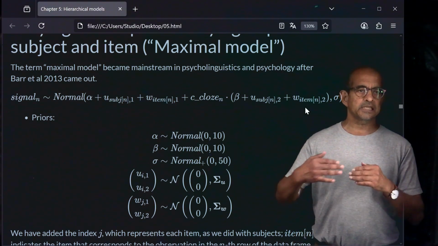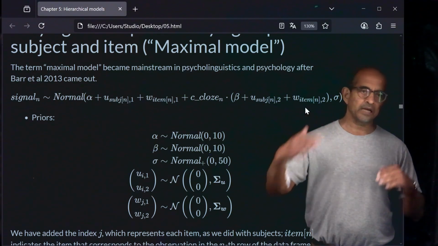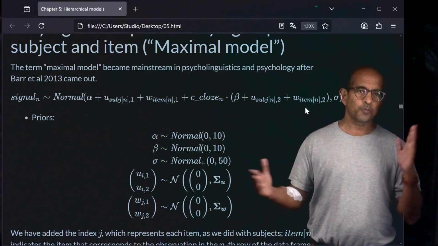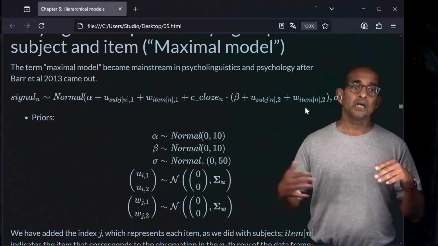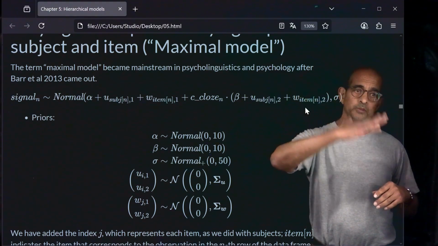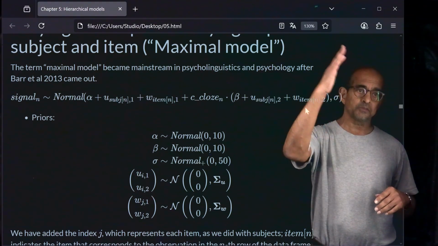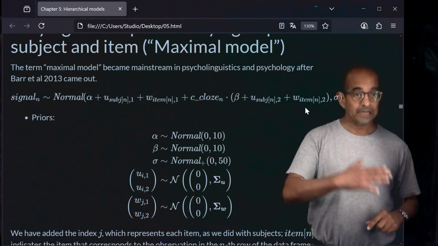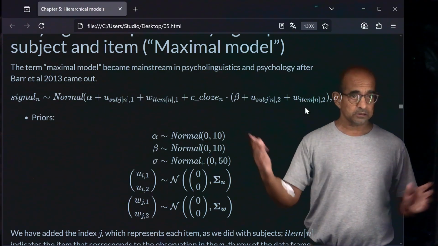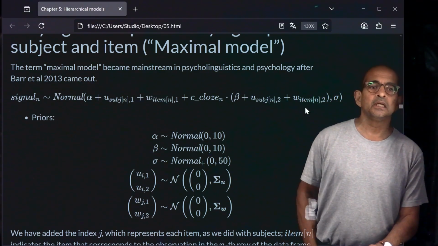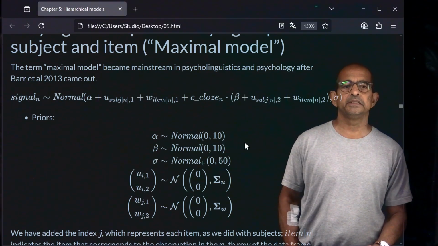So what this is saying now is that we are assuming an average intercept and slope across all the subjects and items, but for subjects we are assuming possibly different intercepts and slopes, and for items as well. Okay, so the items could also vary, so we allow that possible variation as well.